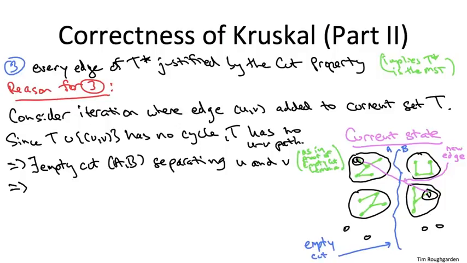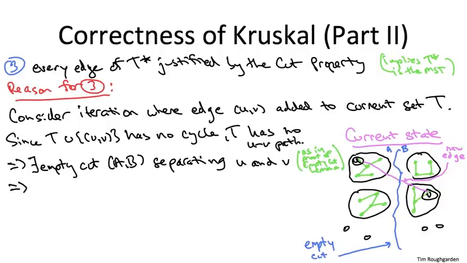Well, let's remember how we wrapped up the previous slide when we were arguing that the output of Kruskal's algorithm is connected. What did we argue? We said, well, fix any cut you like, any cut of the graph, and freeze Kruskal's algorithm the very first time it considers some edge crossing that cut. We noticed that Kruskal's algorithm is guaranteed to include that first edge crossing the cut in its final solution.